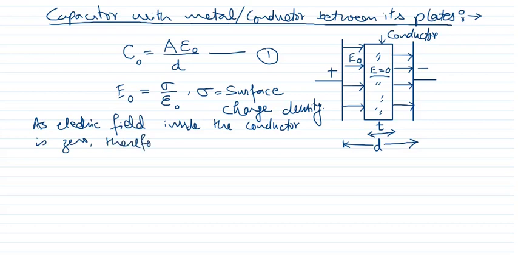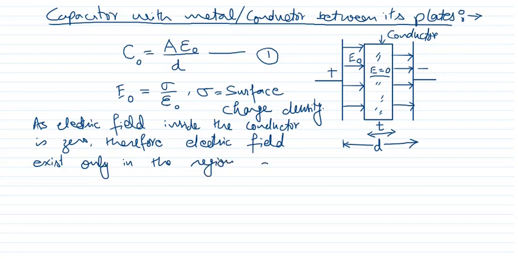Therefore electric field exists only in the region D minus T, because in region T electric field is 0.